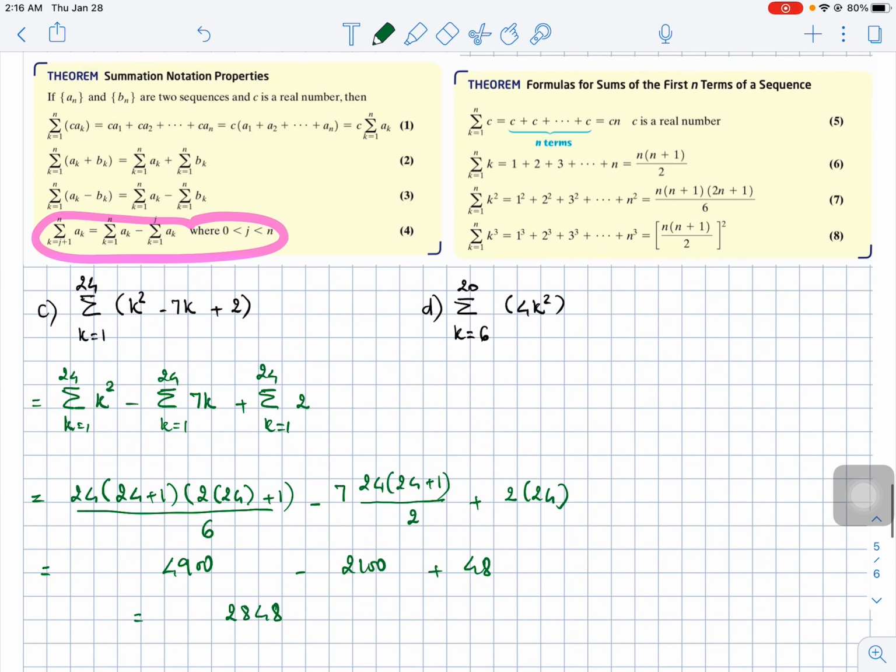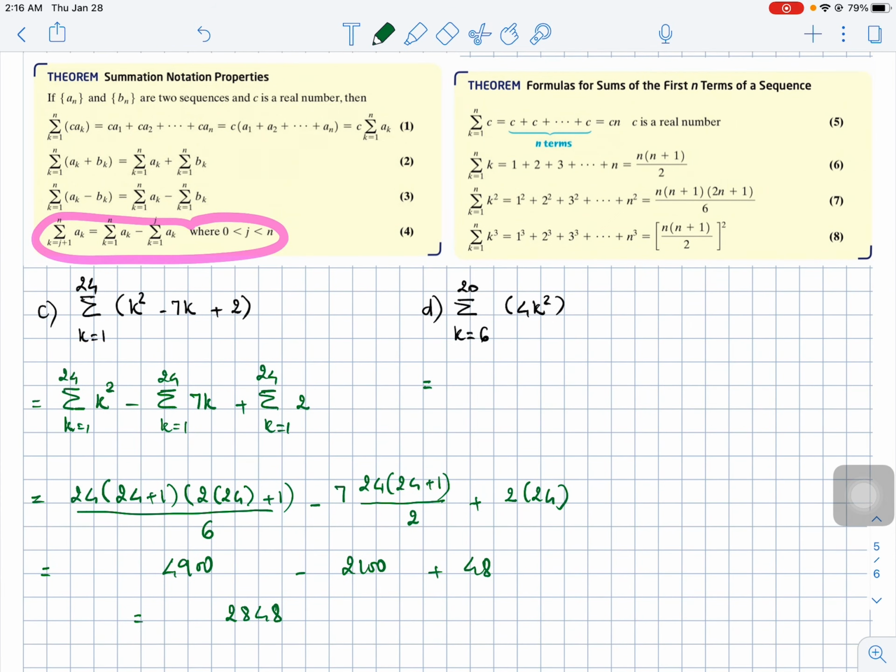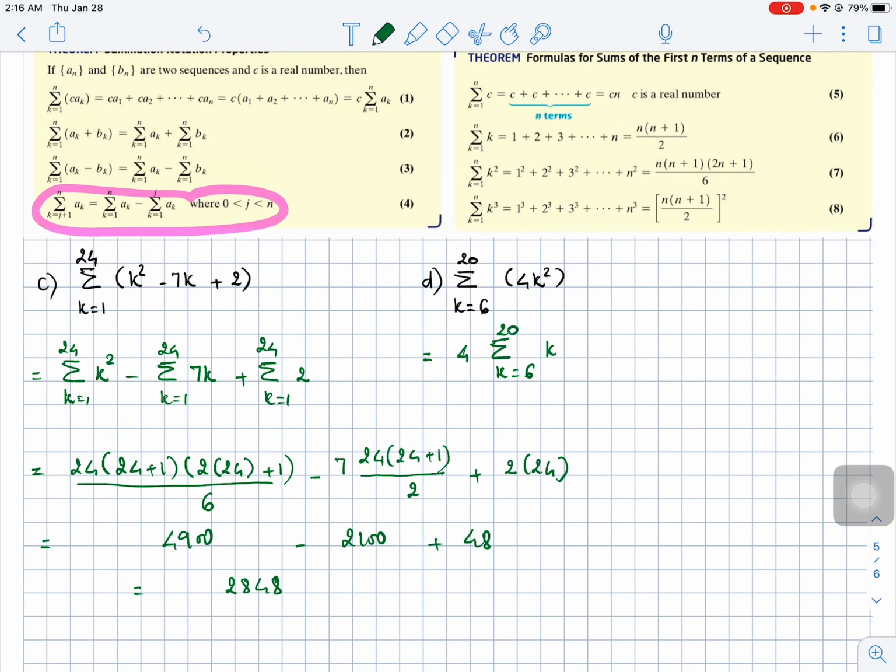So that's what they explain in the formula. So we will apply formula number 4. First of all, we take the 4 outside the sum so that our sequence will be k squared only. Okay, and from the 4 outside we don't have to do anything, and your n is 20.